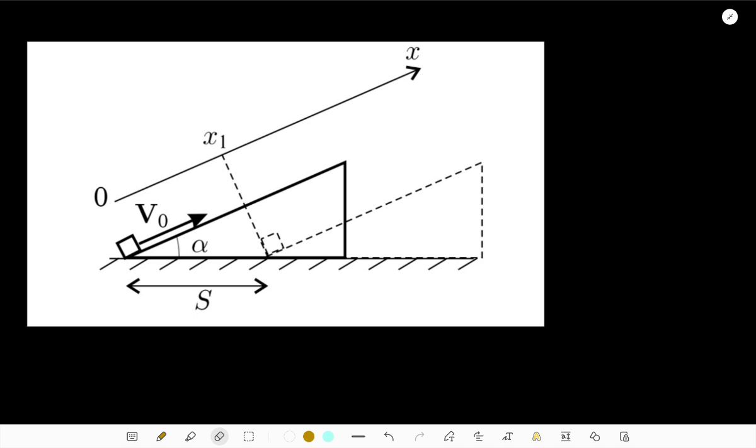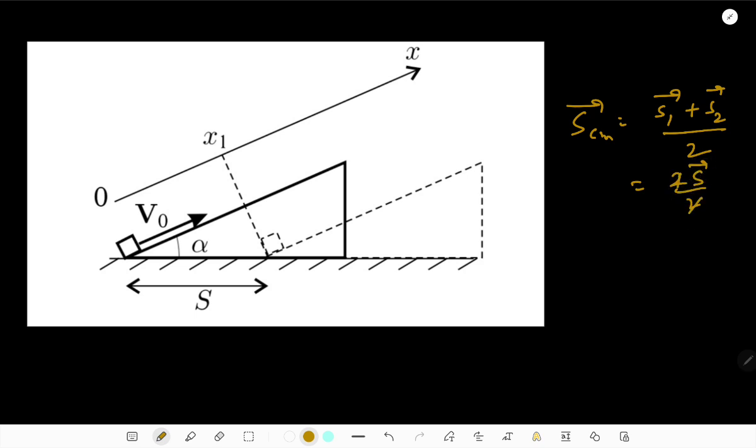The displacements of both are the same. So will be the displacement of the center of mass, because we know that the displacement of the center of mass is the displacement of the wedge plus the displacement of the cube divided by 2, and since these two are the same, the upper thing becomes simply 2S by 2.